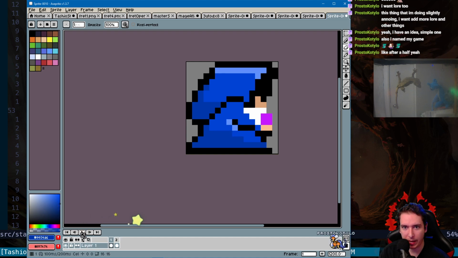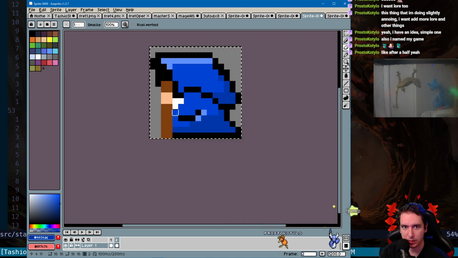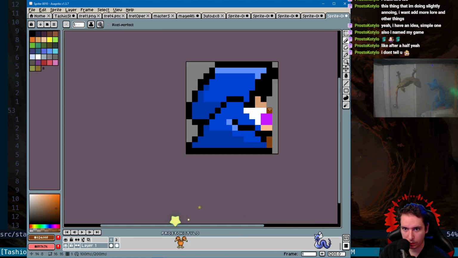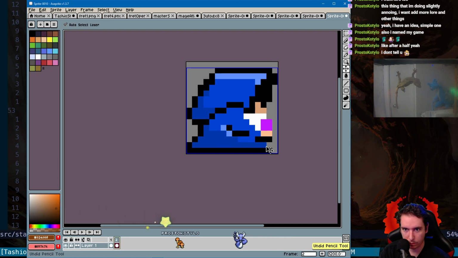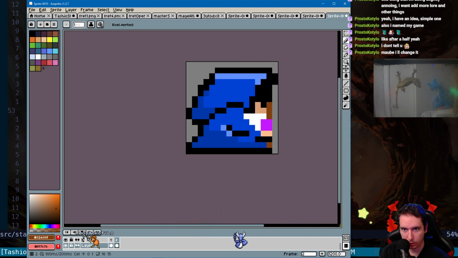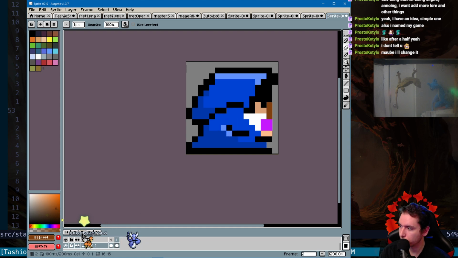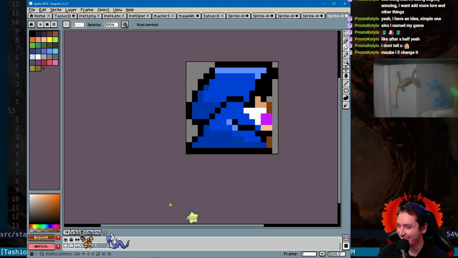I think he needs his staff. I think his staff should be a little visible in the back here, because he's got the staff in this hand. Okay, okay.